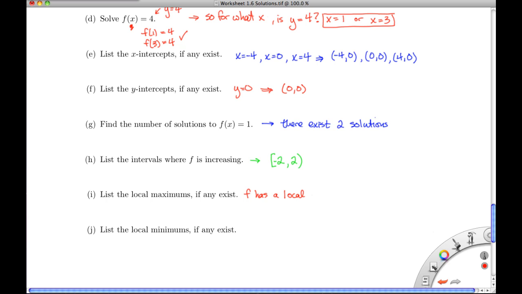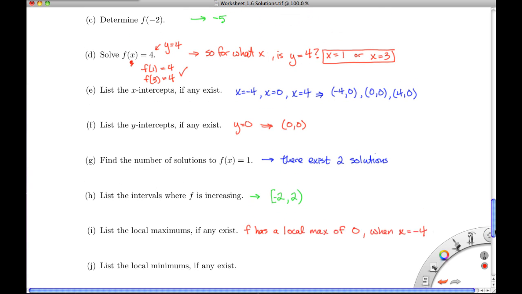It has a local max of, and here we specify the actual value of the function. So it has a maximum value of 0, and now we indicate when that happens by saying when x is equal to -4. So when x is equal to -4, we have a local maximum value of our function at 0.